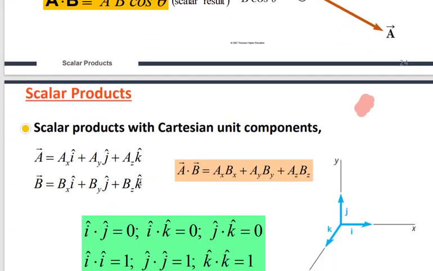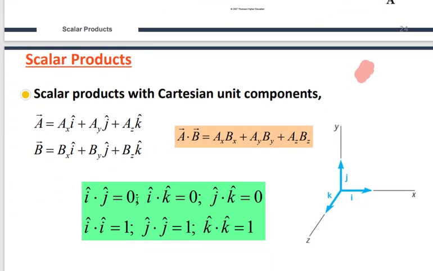Now in scalar quantity, i dot j is 0, i dot k is 0, j dot k is 0. There is no minus. i dot i, j dot j and k dot k are 1. The rest are all zero. This is an important topic, some important point I can ask in quiz. So it is better you should remember.